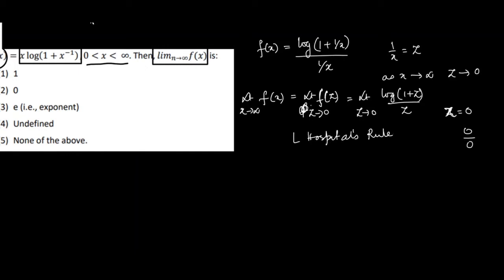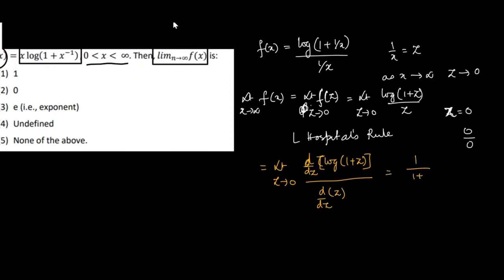and we have to take the differential of the numerator and the denominator with respect to z. So this would be limit z tending to 0 of d/dz of log of (1 plus z), and in the denominator we'll have d/dz of z, which is equal to 1 by (1 plus z) over 1, limit z tending to 0.